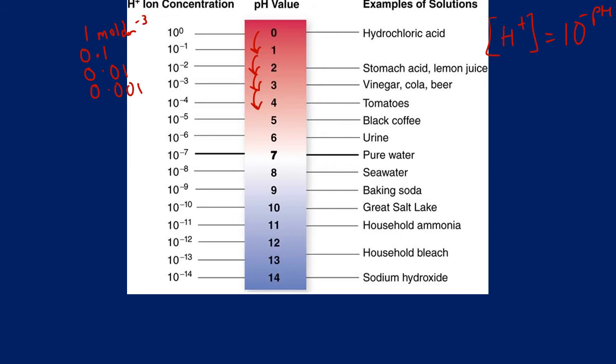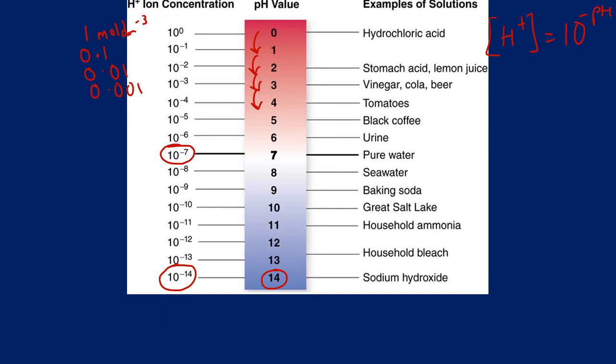And again, from 1 to 2, it's another 10, and so on and so on. So it's a logarithmic scale. So you can see at pH 14, the H+ concentration is very, very small, 10 to the minus 14. And at pH 7, the H+ concentration is 10 to the minus 7.